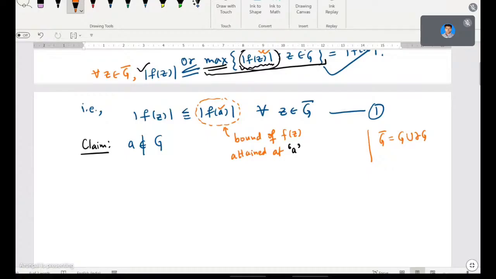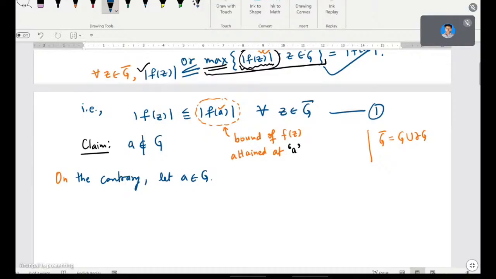Now I am going to claim that a is not in G. See class, on the contrary, let a be in G. So class, if on the contrary a is in G, now just recall what I discussed today in the beginning of this class.